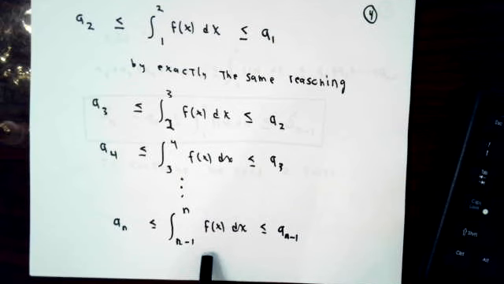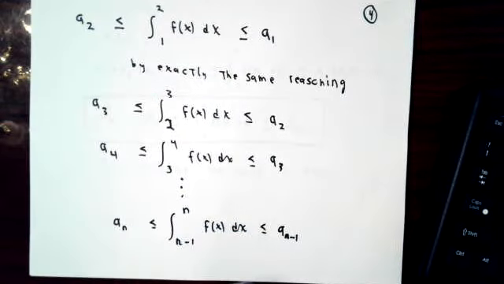This is the area from x equal n minus 1 to x equal n. These regions don't overlap, so if I add up all of these integrals, I'm just going to get the area starting at x equal 1 and ending at x equal n. That would be the integral from 1 to n of f of x dx.